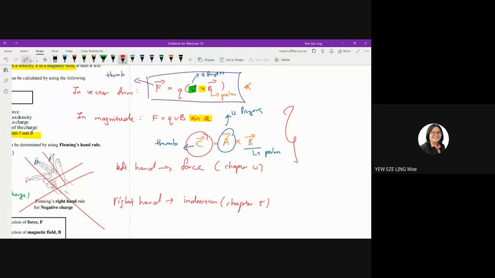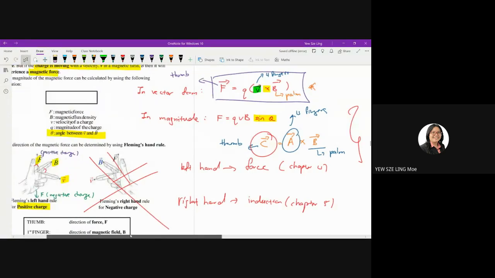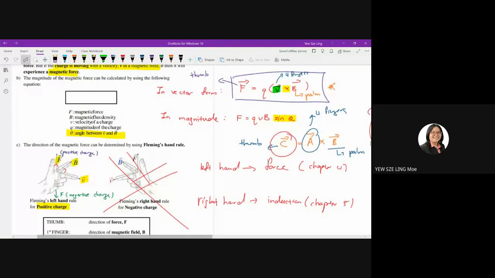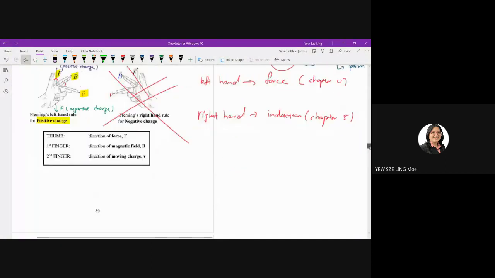Kalau Anda guna Fleming hands, then you need to memorize: thumb is for force, first finger is for magnetic field, second finger is for velocity. You need to memorize everything. When it comes to a different case, you need to memorize a new set of fingers again. Tapi kalau Anda tahu macam mana guna right hand grip rule, then dia actually lagi senang.